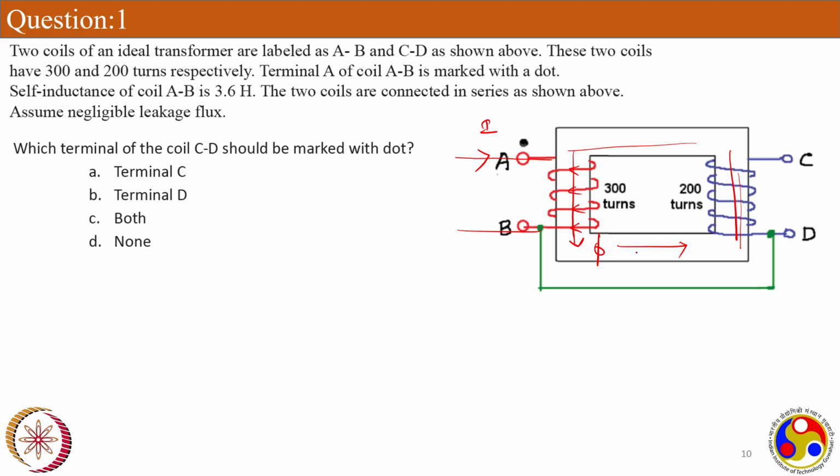Here we have seen an anti-clockwise flux from the first side, and what should be the flux in the CD coil? Should it be clockwise or anti-clockwise? Clockwise. Why should it be clockwise?